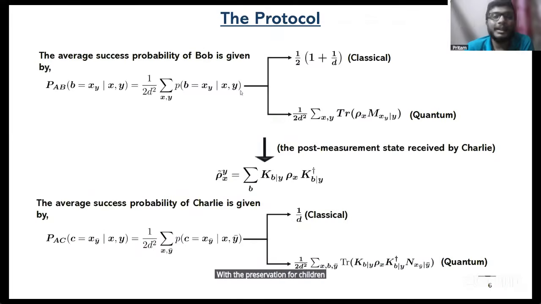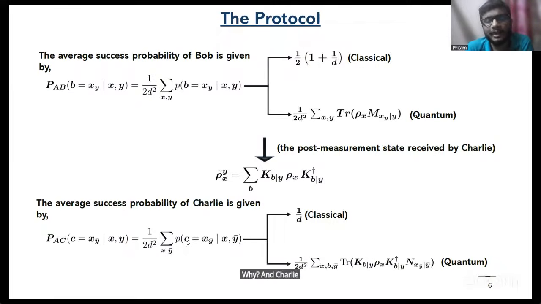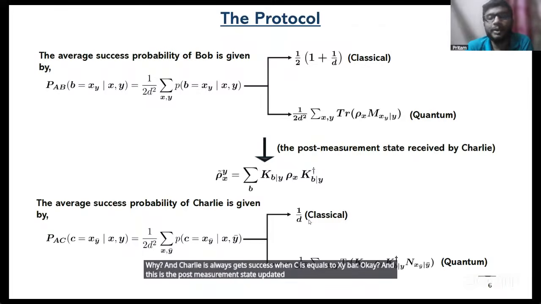The mathematical definitions here: the average success probability of Bob is given by this expression. This is Bob's output B. Bob always succeeds when B equals x_y, and Charlie always succeeds when C equals x_ȳ. And this is the post-measurement state, the updated state given to Charlie.